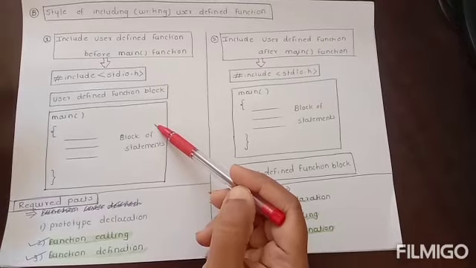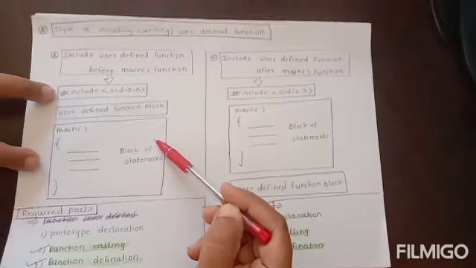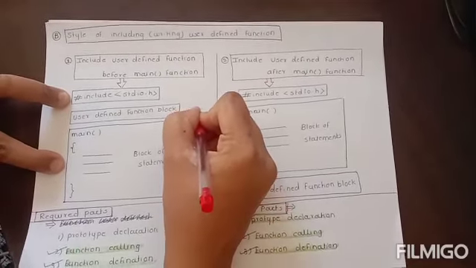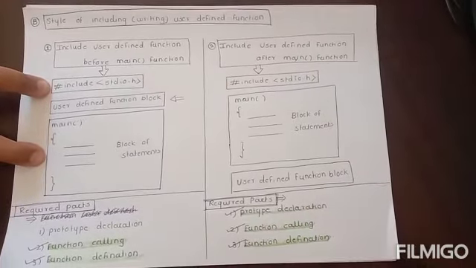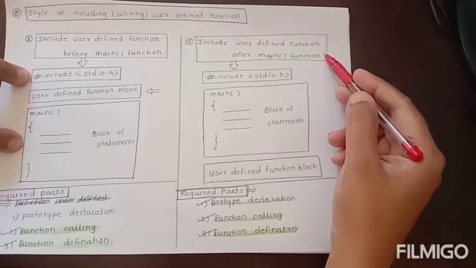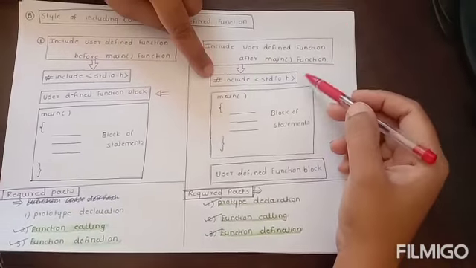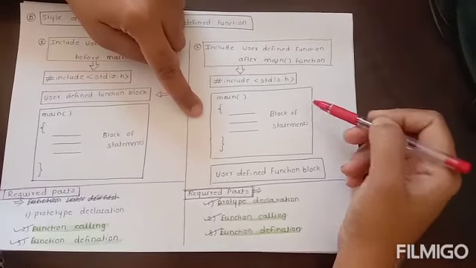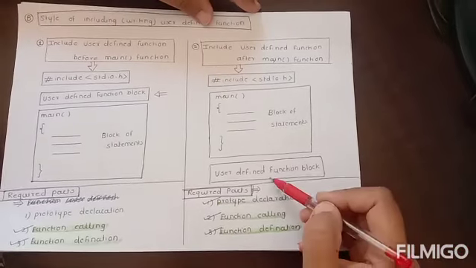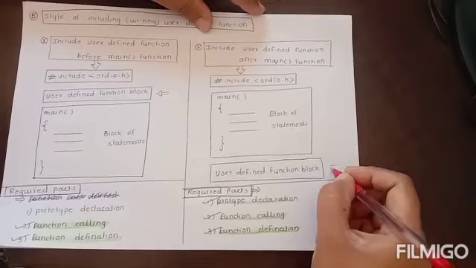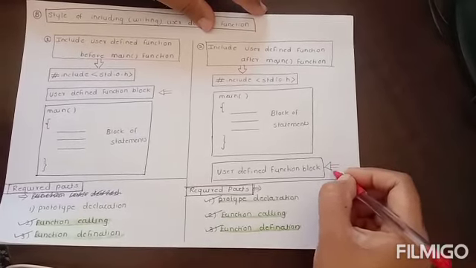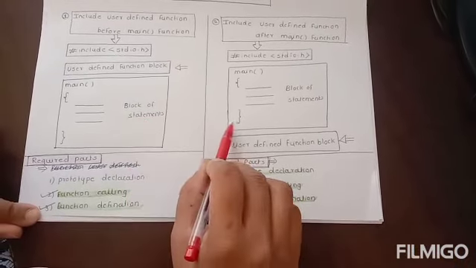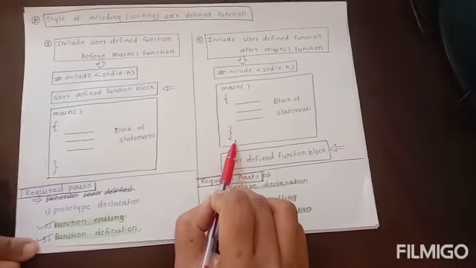That means in this style, in between your header file and main function, we include our user defined function block. In this second style of writing, this is your header file, this is your main function block, and after this we include the user defined function block. So these are two styles of including a user defined function block.